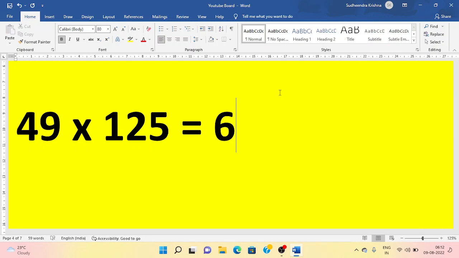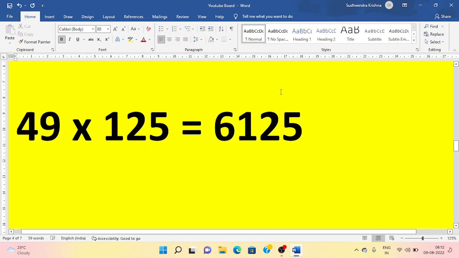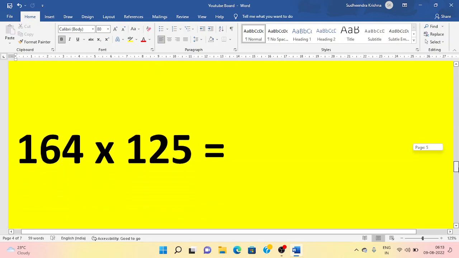So you got the left portion of the answer. To get the right portion, because the remainder is 1, put 125 on the right side. So this is the required answer. 49 into 125 is equal to 6125.